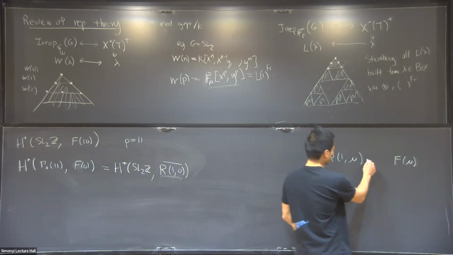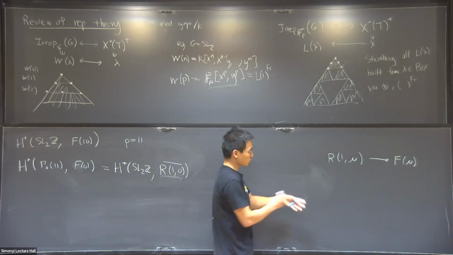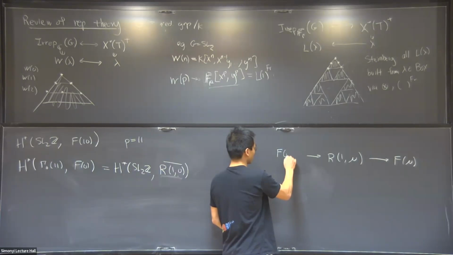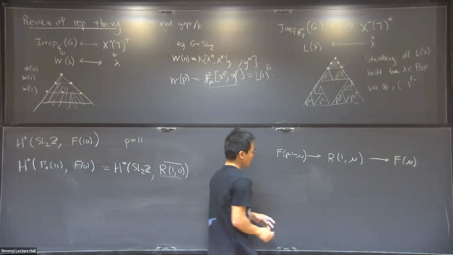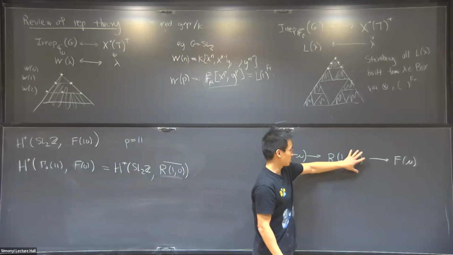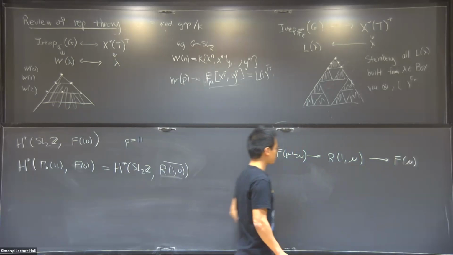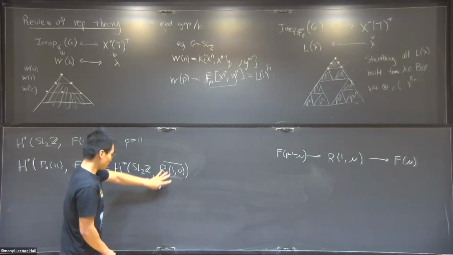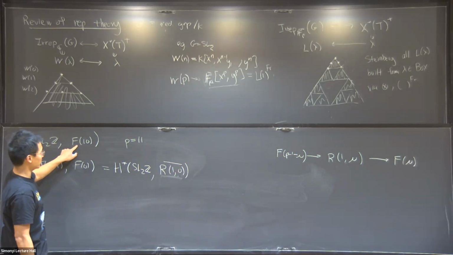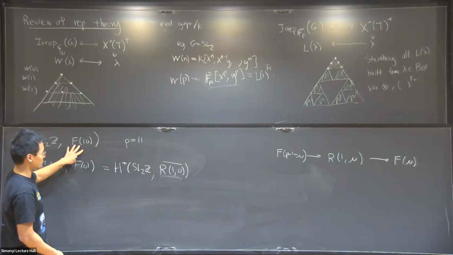So there's a tautological map like this, and when you dualize, there's a tautological map the other way. And when you count dimensions, you realize this is short exact. So at least in the Grothendieck group, this thing is exactly the sum of these two irreducible representations. In this particular case, it turns out to be the direct sum of F(10) plus F(0).